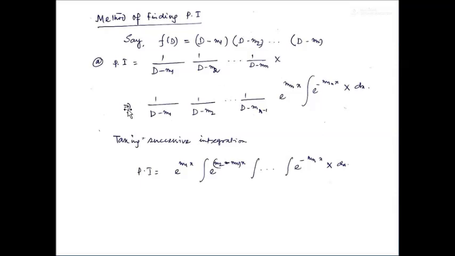So this will be 1 by (D minus m1). For this last part, you can say e to the power mnx into the integration of e to the power minus mnx into dx, and taking successive integration, you can get the complete particular integral in this form: e to the power m1x, e to the power m2 minus mn into x, up to this.